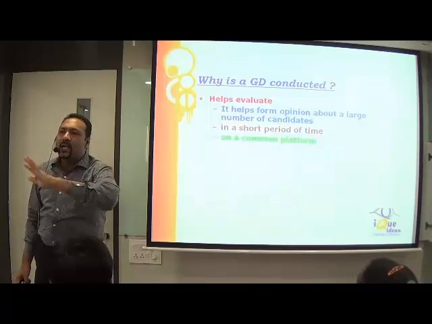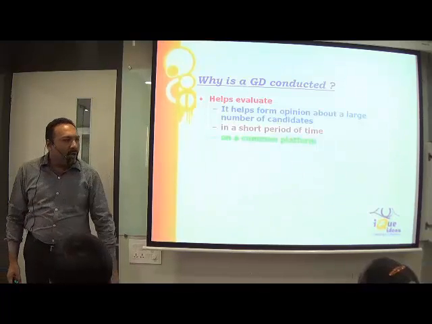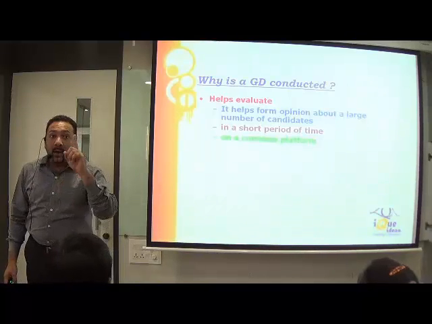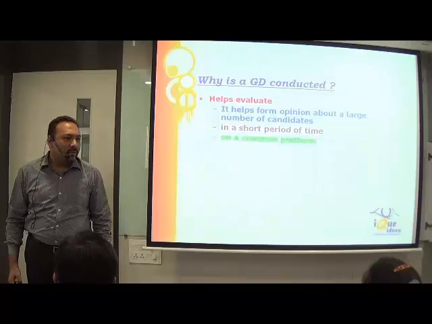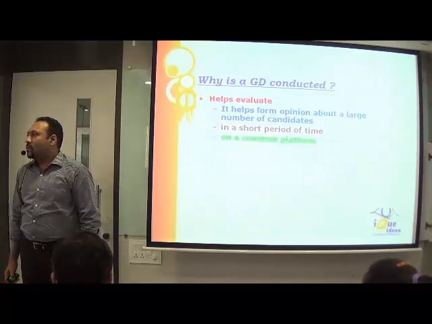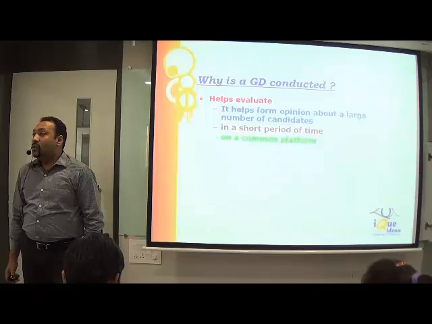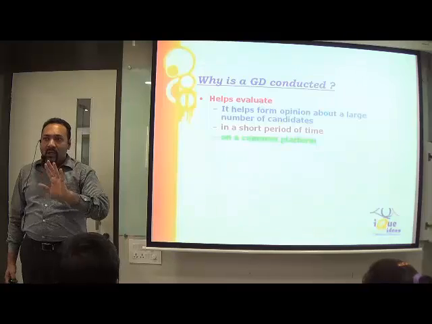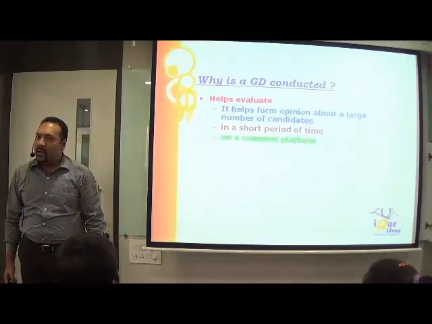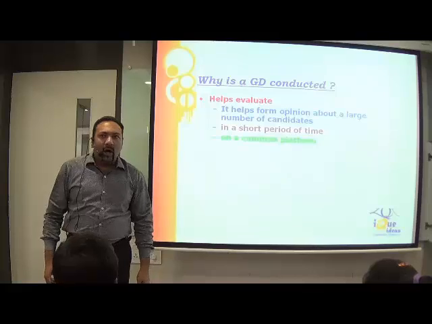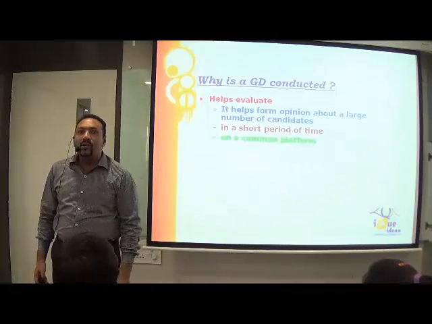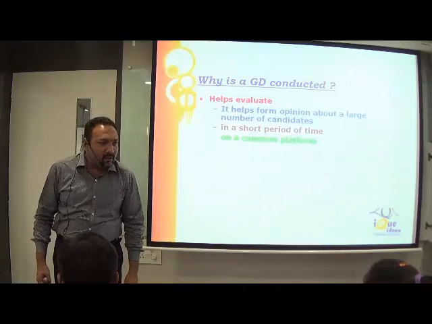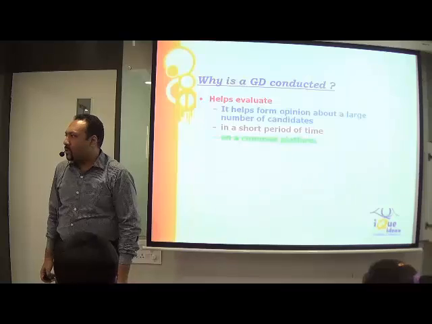Or maybe, let's say 20 minutes. 100 people, 20 minutes into 100. 2000 minutes. Amounts to how many hours? 33 plus hours. On an average, one person can work for how many hours a day? 8. How much time do you require to conduct an interview for 100 people? Maybe 4-5 days. Which is humanly impossible.